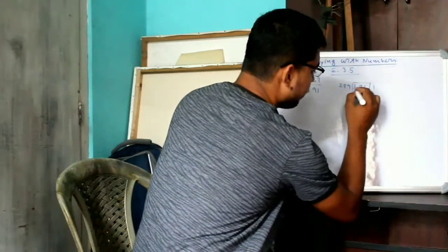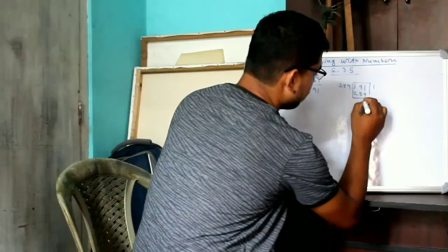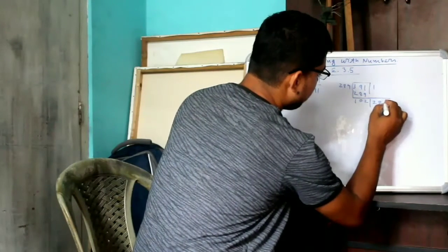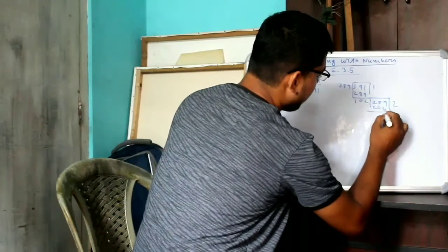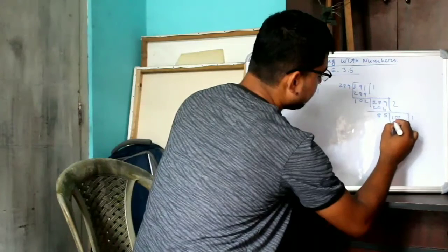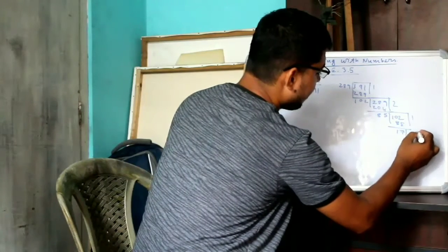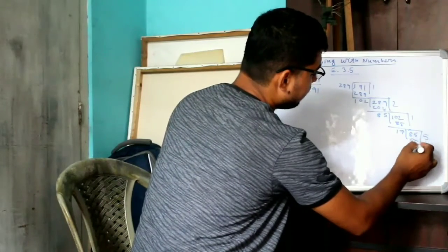How many times will it come? 289 one time, so 102. 289 divided by 102, 2 times 204, 85 remains. 102 divided by 85, 1 time, 17 remains. 85 divided by 17, 5 times 85, 0.